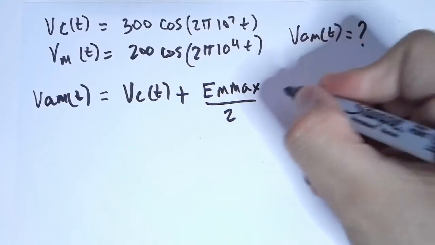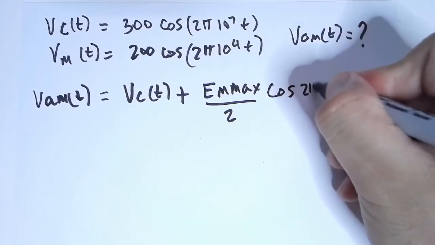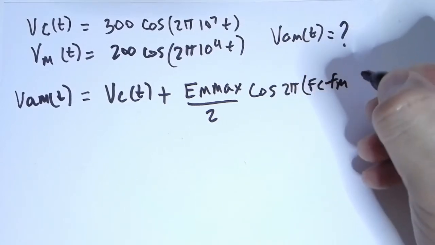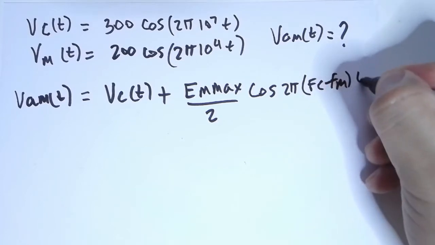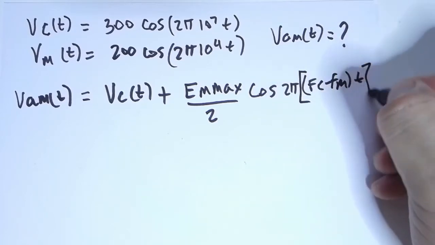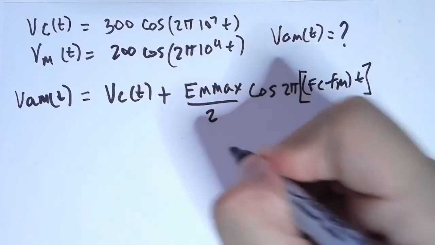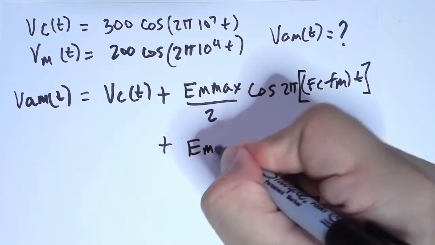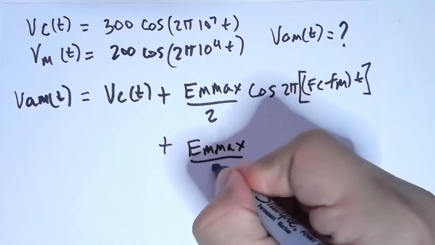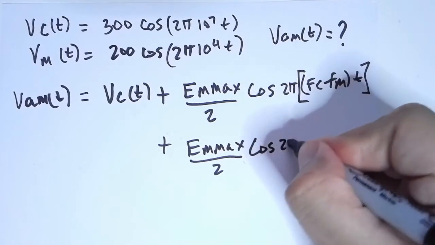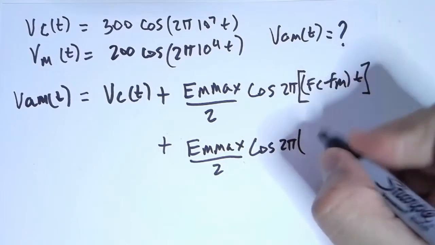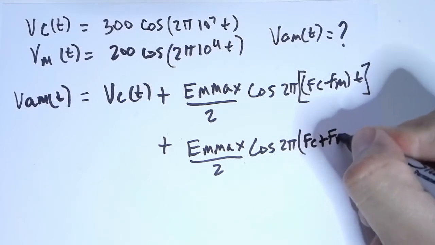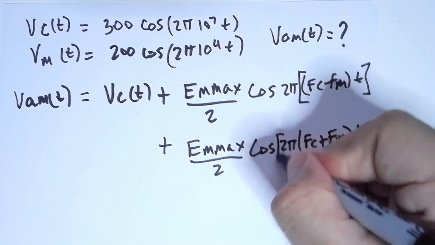over 2 times cosine of 2 pi of the carrier frequency minus the modulating frequency times t, plus the peak voltage of the modulating signal times cosine of 2 pi times the carrier frequency plus the modulating frequency times t.